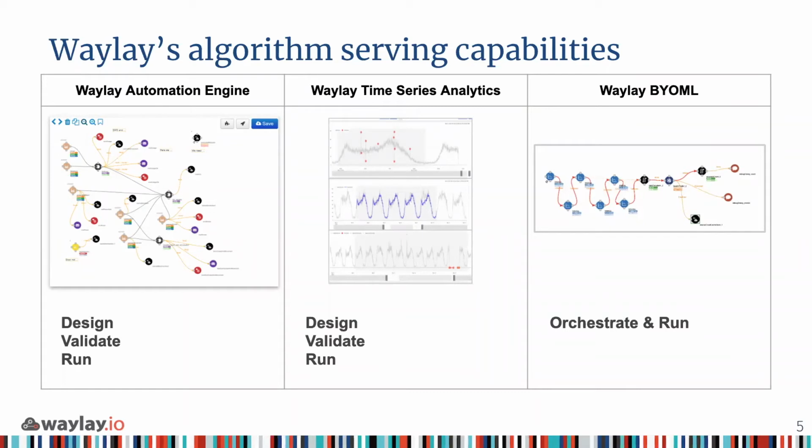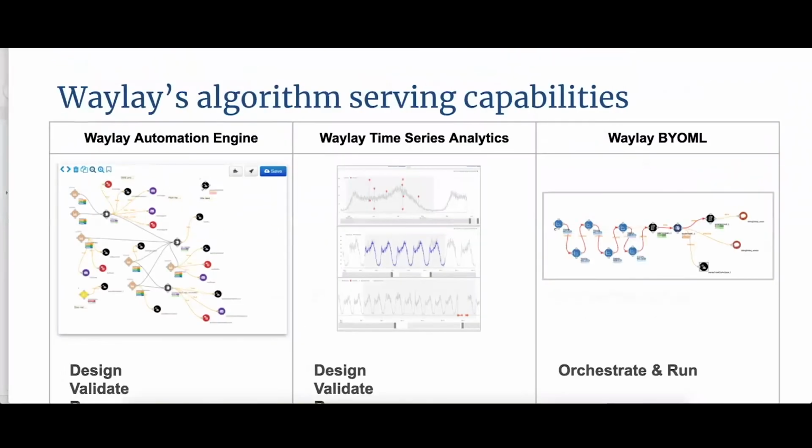But it's done outside of the Waylay environment, okay? And there we offer an API at this moment to upload your model, such that you can then use your algorithm within a rule like this, okay? And I'll dive into that with an example in a minute, okay?